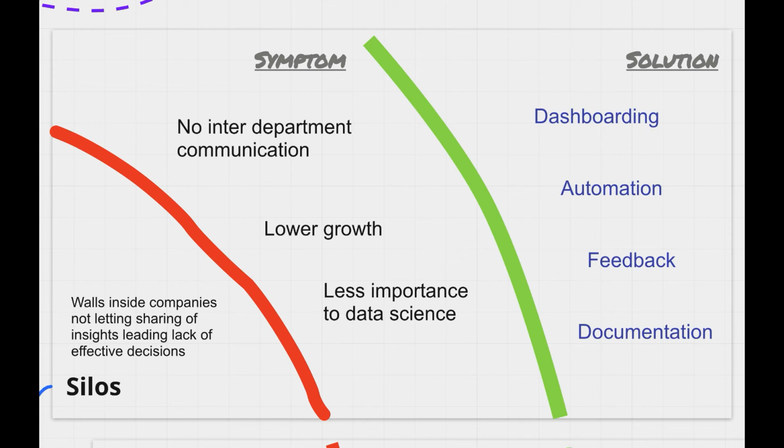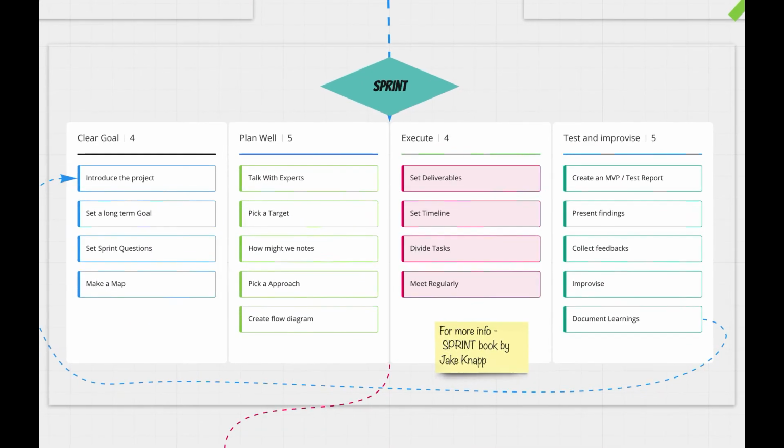This leads to poor communication between the two departments, whether it be marketing or sales, leading to lower growth of the whole company, and then questioning the intent of the data science team, giving less importance to the data science project at all. This again can be solved by solutions such as dashboarding, automating the whole process, again having a good feedback system and documenting the whole process. We'll cover all these things in our upcoming slides.